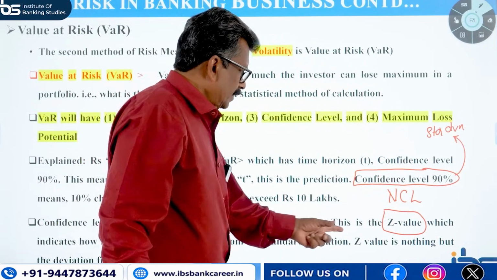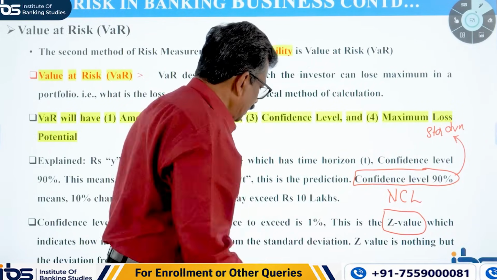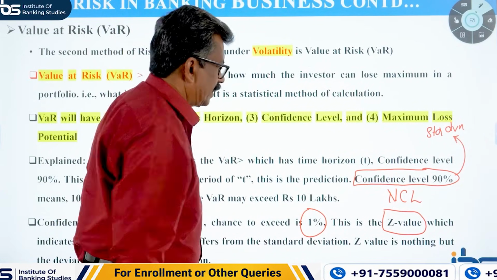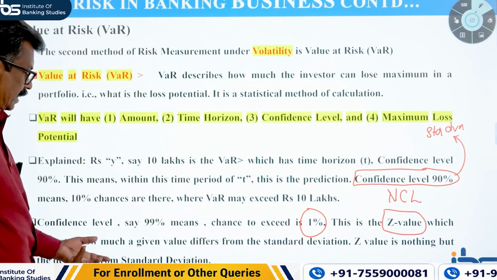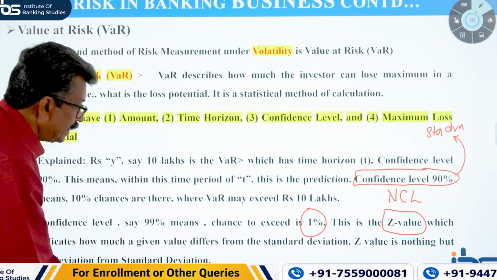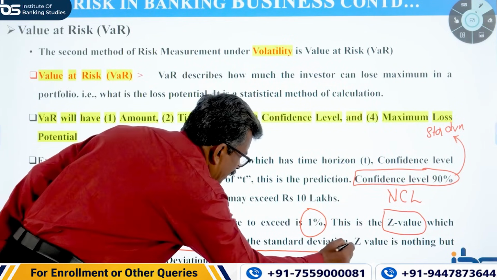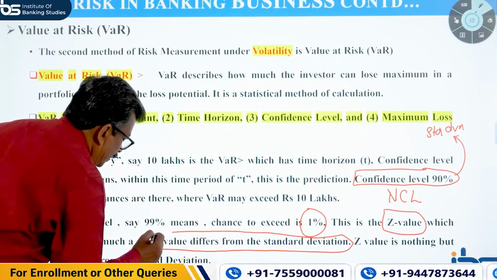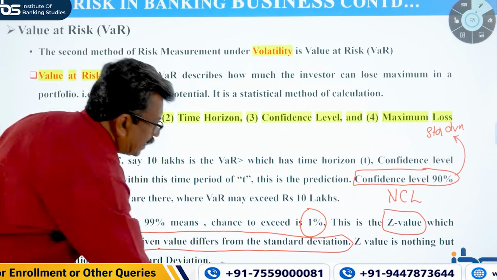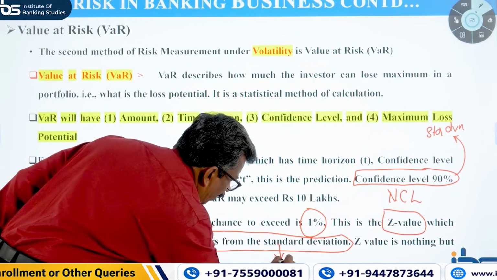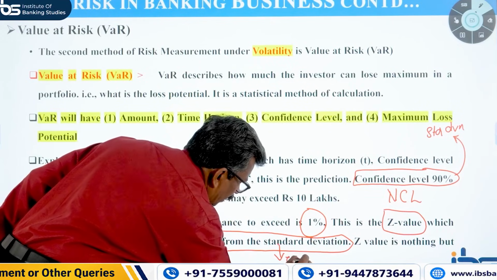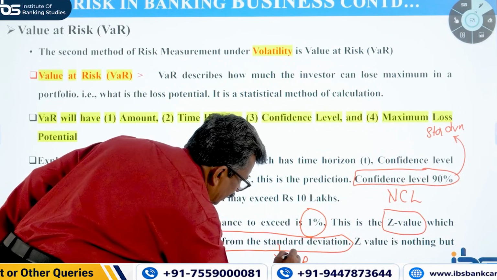statement. So, this 1% non-confidence level, the Z value, indicates how much a given value differs from the standard deviation. Standard deviation is nothing but the VaR, the maximum loss you can incur.